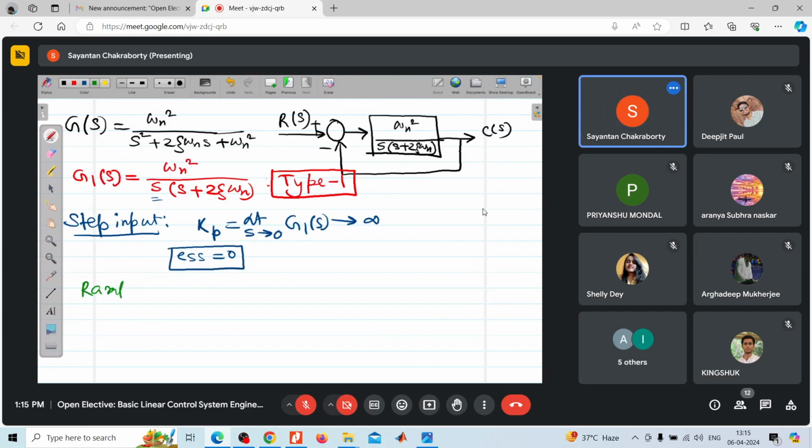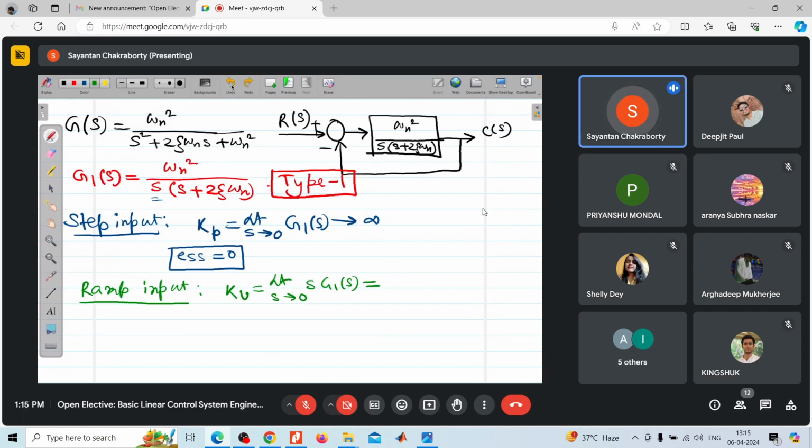For ramp input, Kv is s G1(s). What will it be?